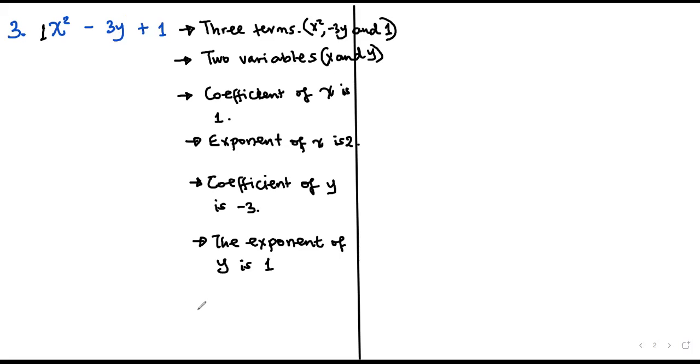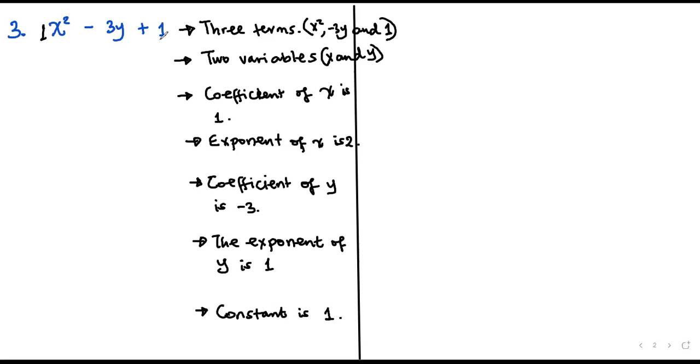Yeah, so something else that I want to tell you is what we call the constant. Here we have 1 constant, and that constant is 1. The constant is 1. So the constant is that number that you have and it does not have any variable.